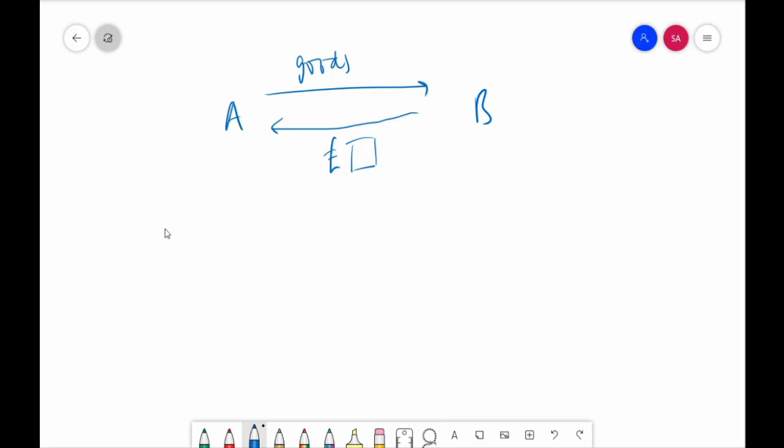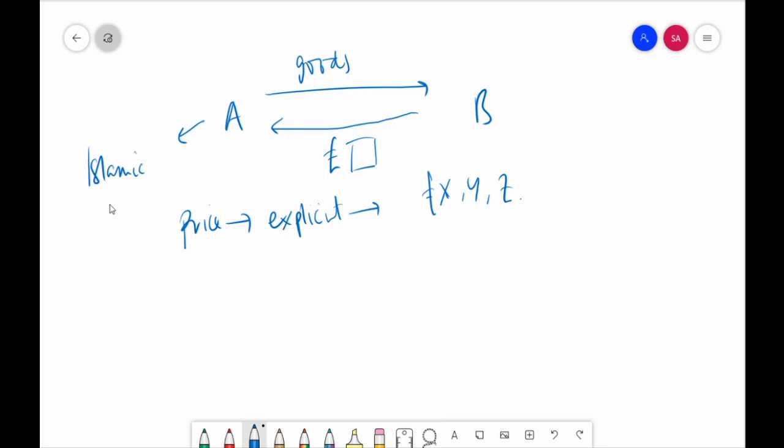Okay, so one thing about a sale contract is the price must be agreed, right? We've discussed that, and as well as being agreed, it must be explicit. There can be no uncertainty about the price, and it must be a fixed amount, whatever the price is. If it's X, Y, or Z, it doesn't matter, but it must be explicit. So the way that the parties use LIBOR here, first of all, party A is often an Islamic bank.